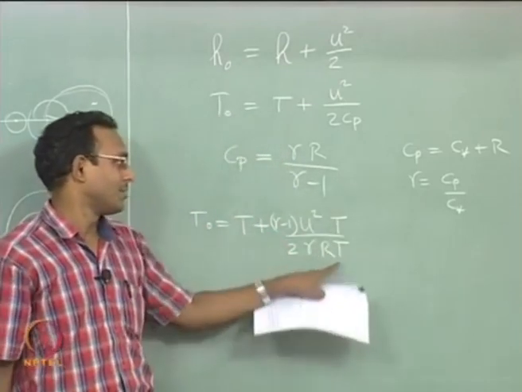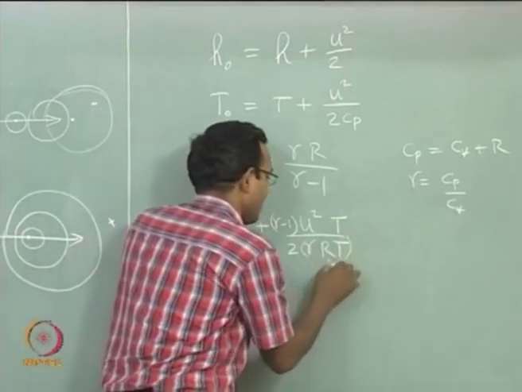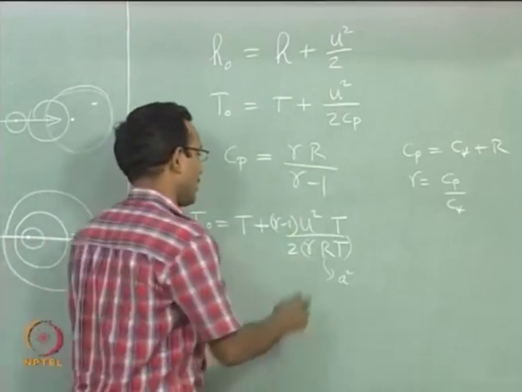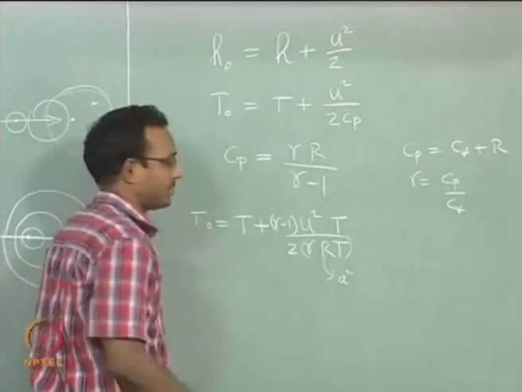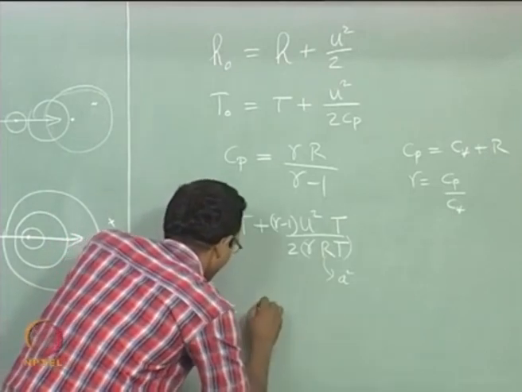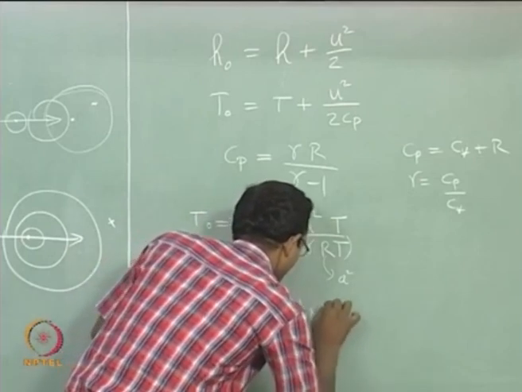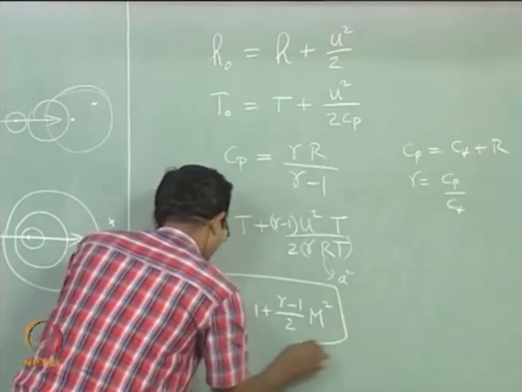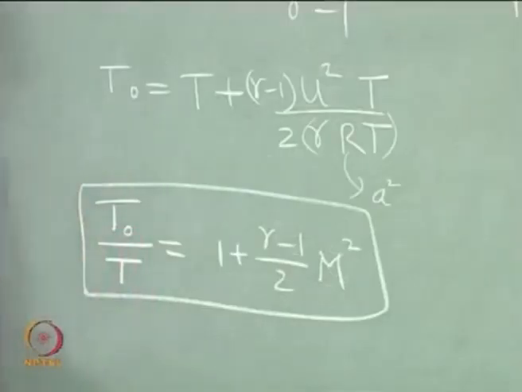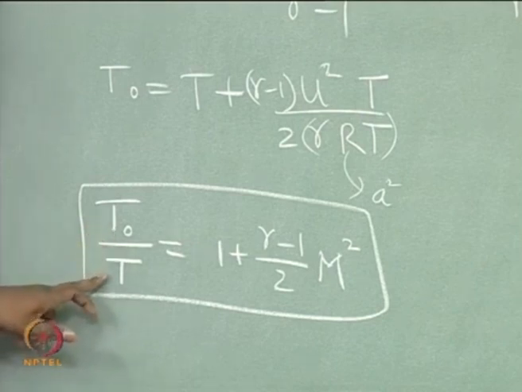I multiply numerator and denominator of this term alone by T. So I have gamma RT, which is replaceable by A square. So now U square by A square is my Mach number. So now I can write this expression, very commonly used in gas dynamics. This is the relation between stagnation temperature and static temperature.